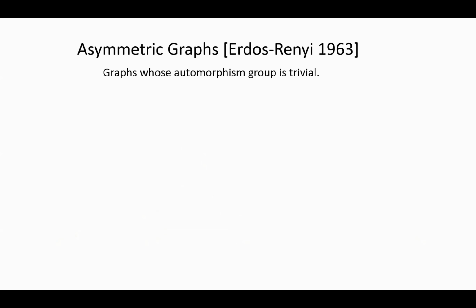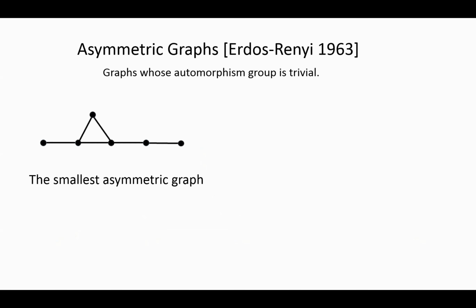Now, asymmetric graphs were first made very popular by Erdős and Rényi back in 1963. From an algebraic point of view, these are graphs whose automorphism group is in fact trivial. They also showed that the graph we just looked at is the smallest asymmetric graph.